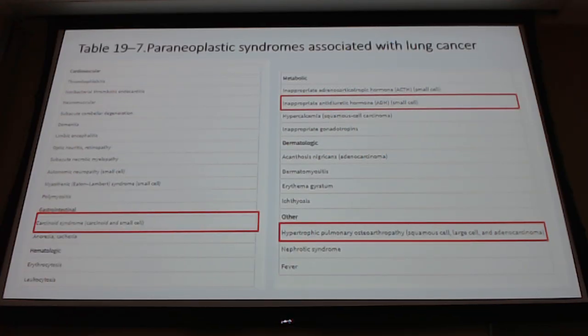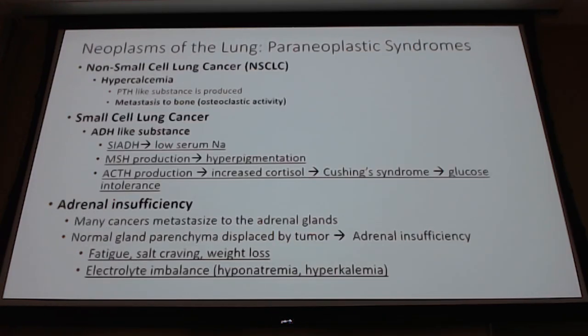And if it's a carcinoid, it's carcinoid syndrome. So those are three things that you could potentially see depending on what type of tumor it is. Just know those three boxes.